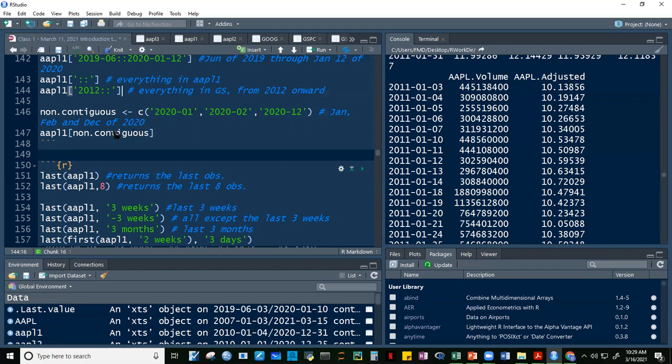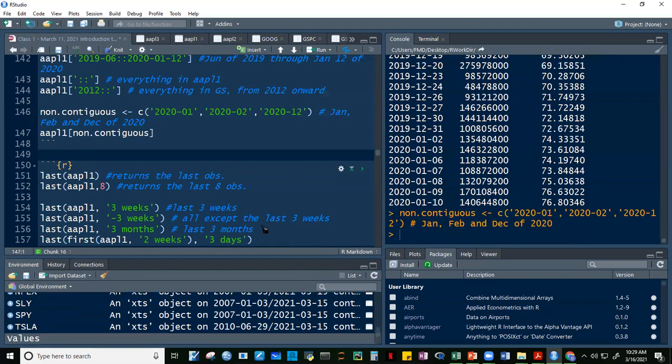If you run this, okay, so it will just give us January ng 2020. And then kunin lang natin yung non-contiguous, kasi ito yung object na pinangalan natin.